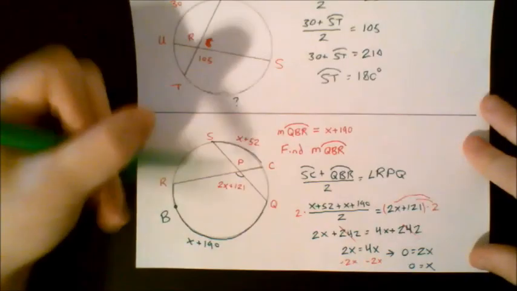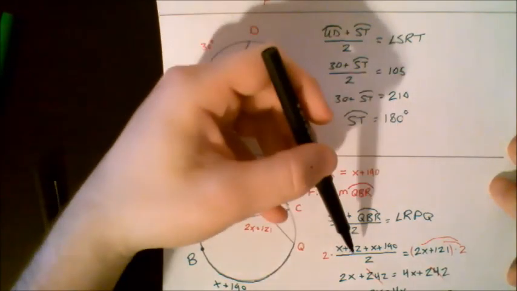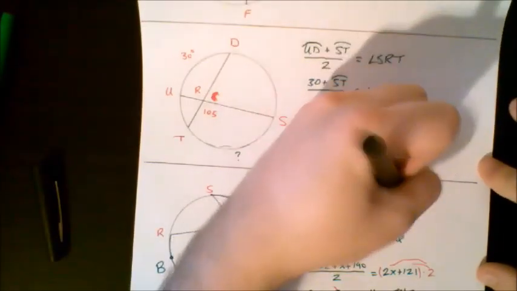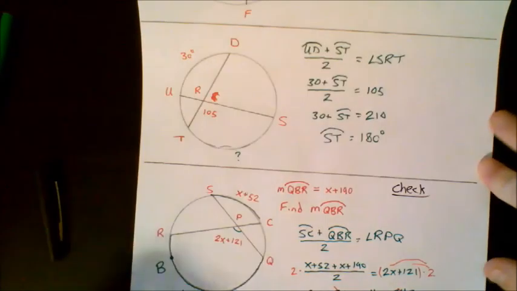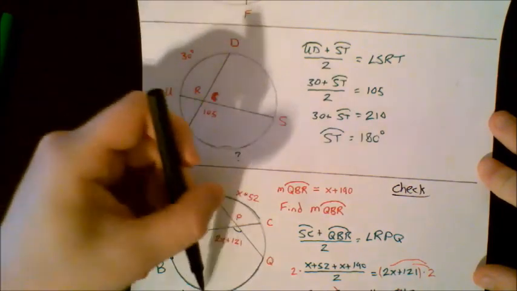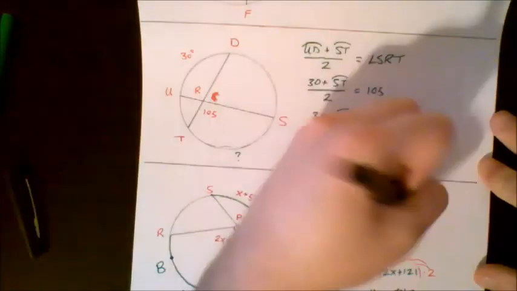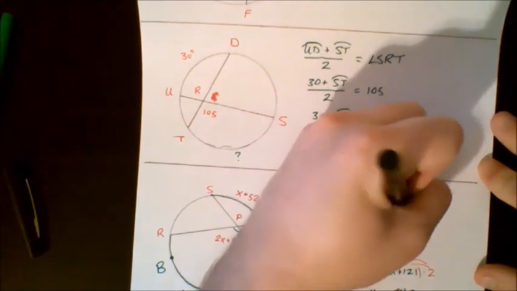All right, if we plug in 0 for everything here, what that gives us is checking our answer. Well, we just go ahead and check it. We take the opposite arcs and add them together. So when X is 0, that gives us 52 plus 190.